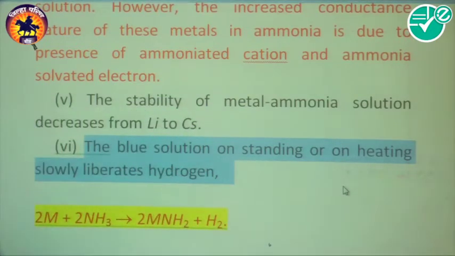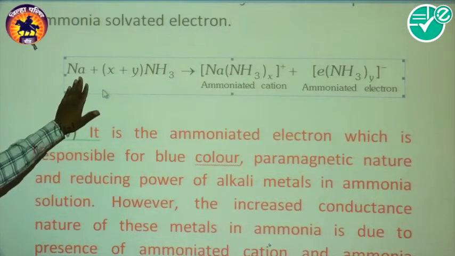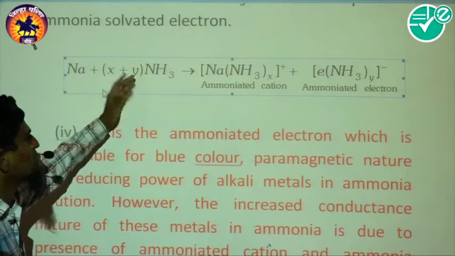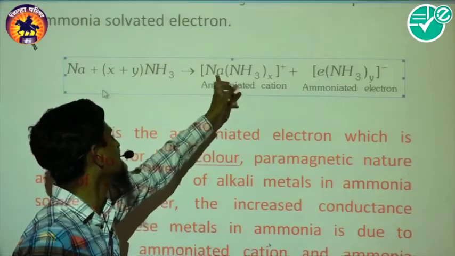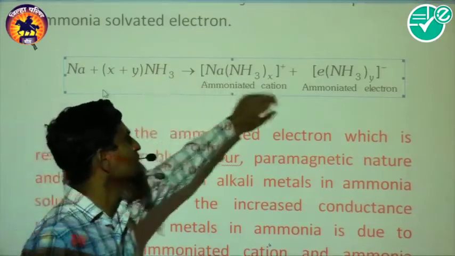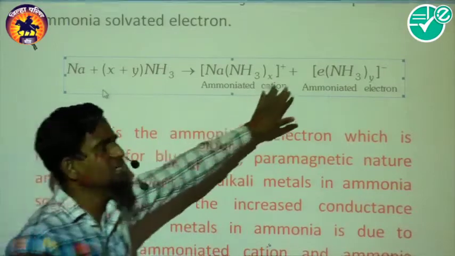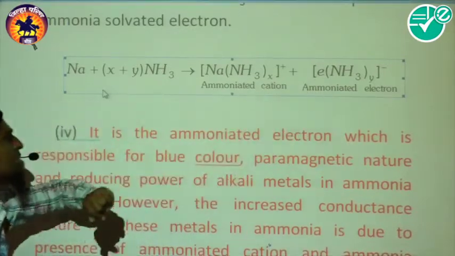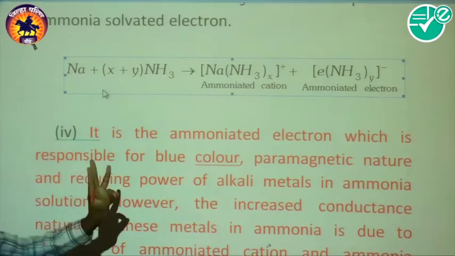Note down that this is the reaction. Any alkali metal, I have taken sodium here, combines with x plus y ammonia; x goes with sodium, and y goes with the electron, that is the ammoniated electron. Then this is the balanced equation for that. These three things you have to remember.